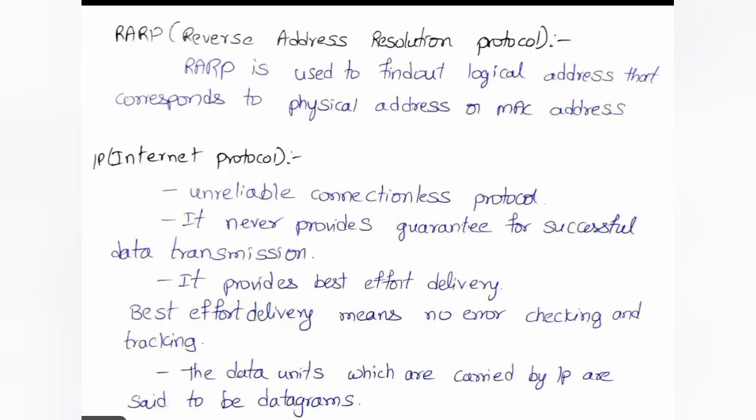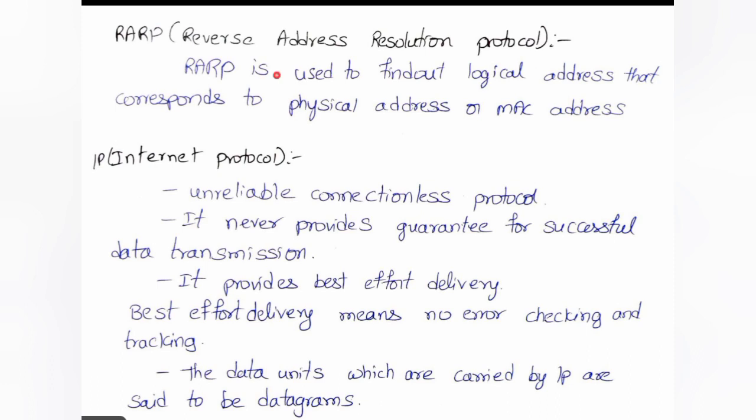Another protocol is RARP, the Reverse Address Resolution Protocol. It is used to find the logical address that corresponds to the physical or MAC address. Here we are obtaining the IP address.